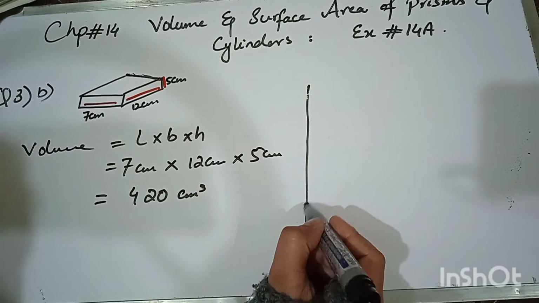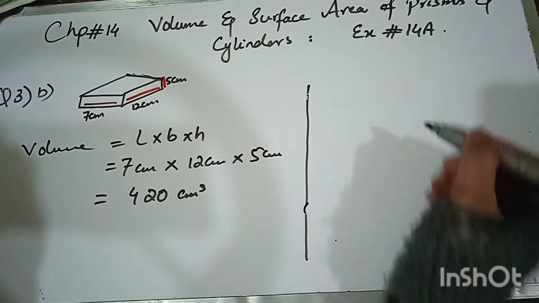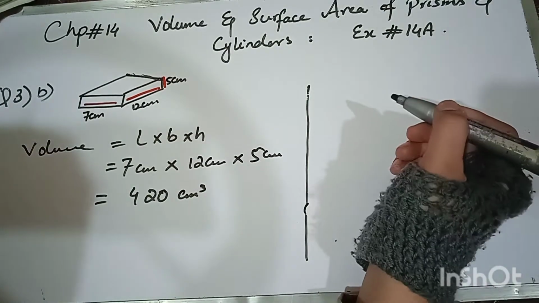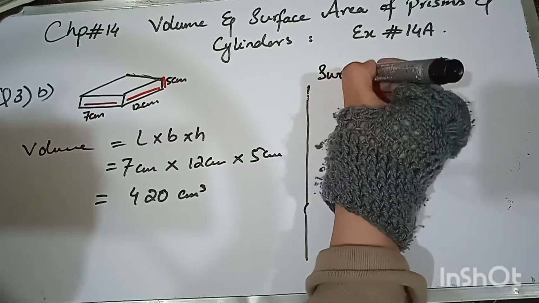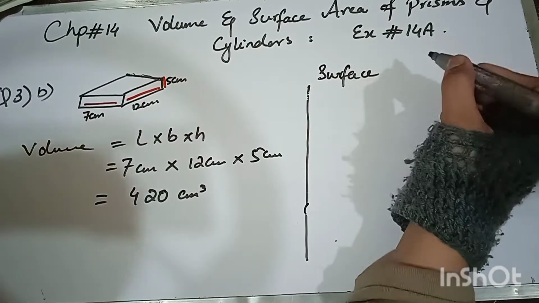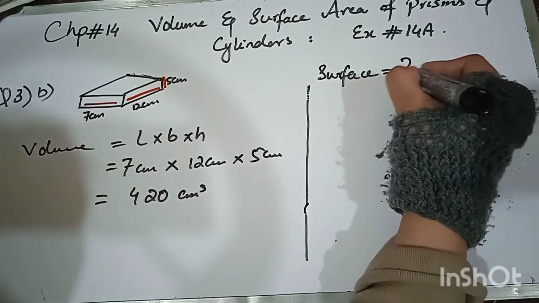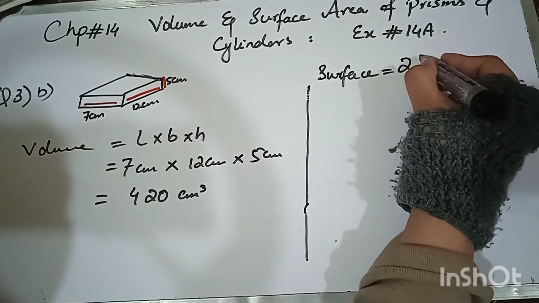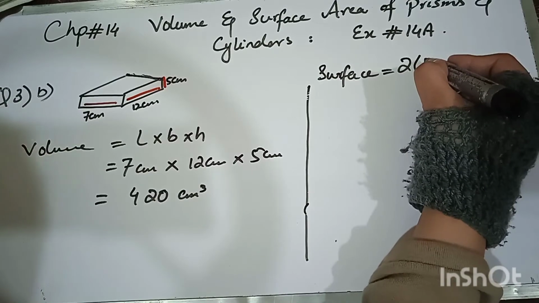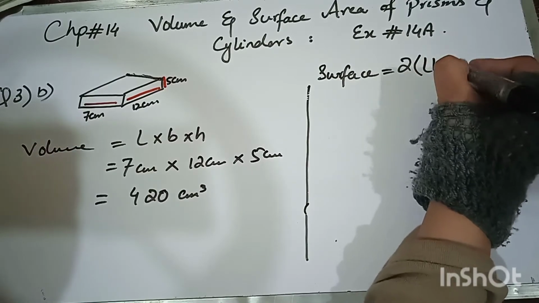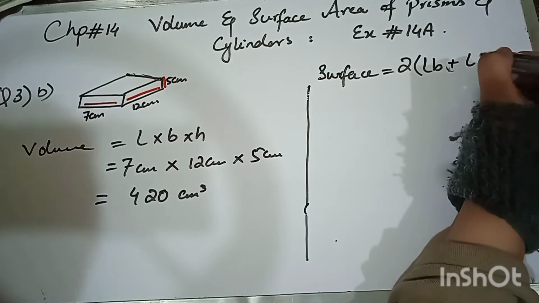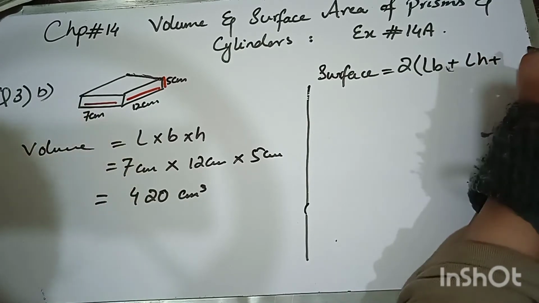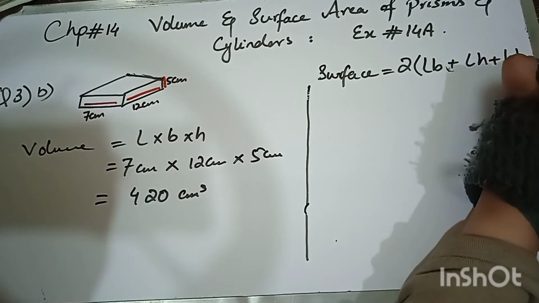Now we have to find out the total surface area of this cuboid. So you can write total surface area of the cuboid. The formula is 2 into length into breadth plus length into height plus breadth into height.